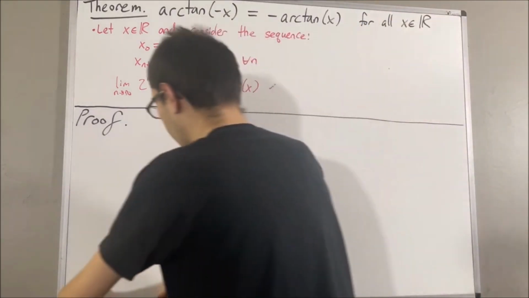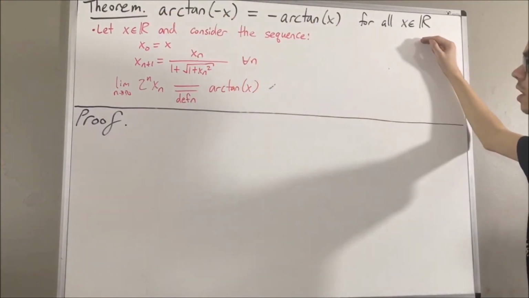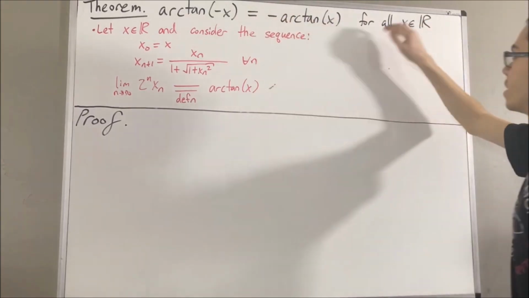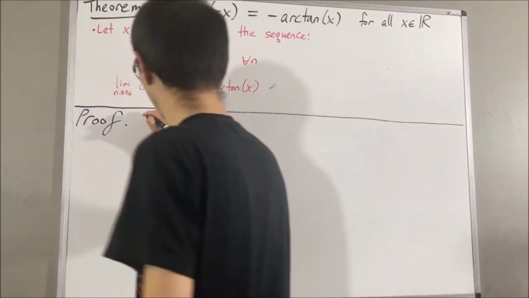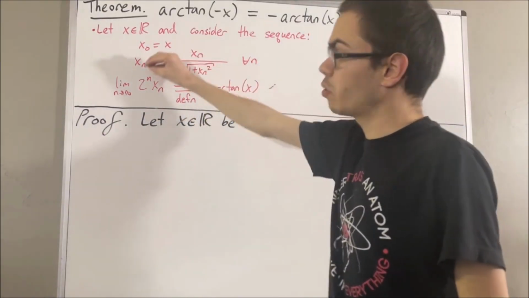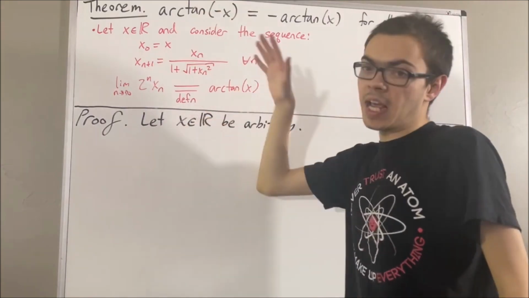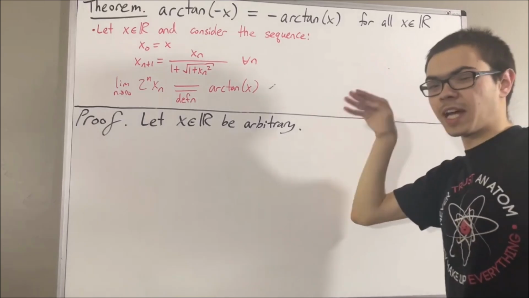Okay, so now let's get into proving this theorem. Since we're trying to prove a statement about every real number, let's give ourselves an arbitrary real number x. From here, we are going to consider the sequence generated by x and the sequence generated by negative x. We define those sequences as follows.